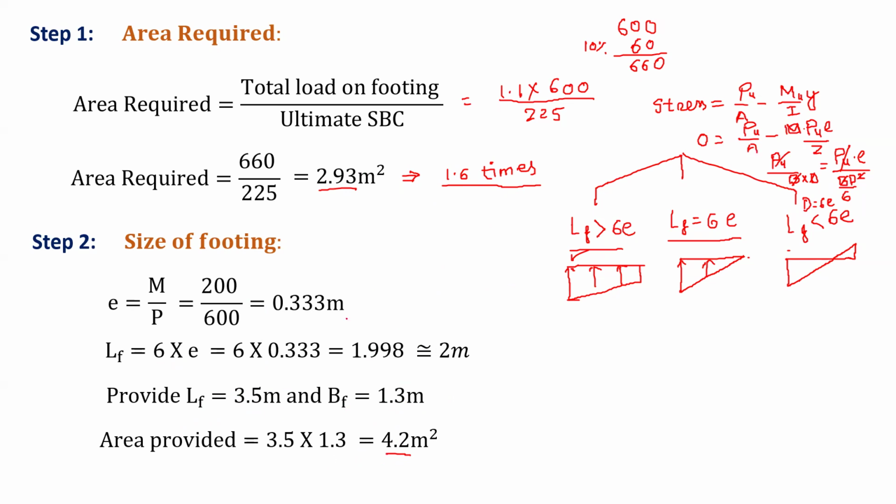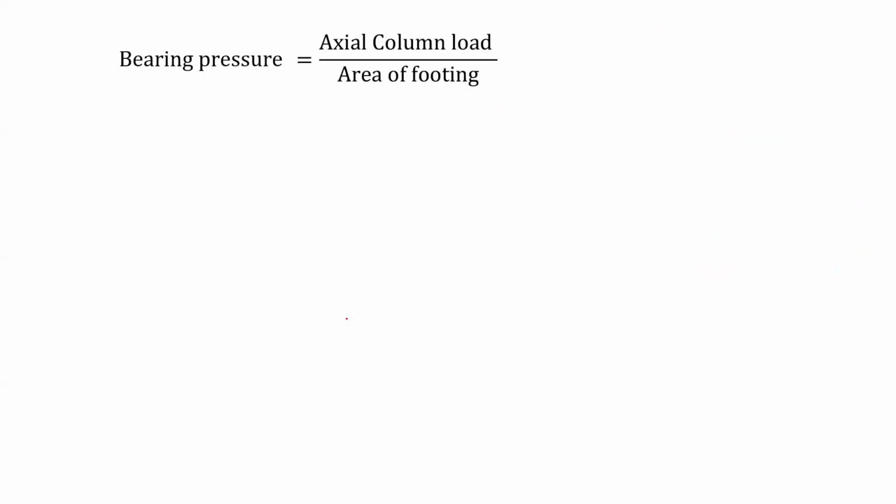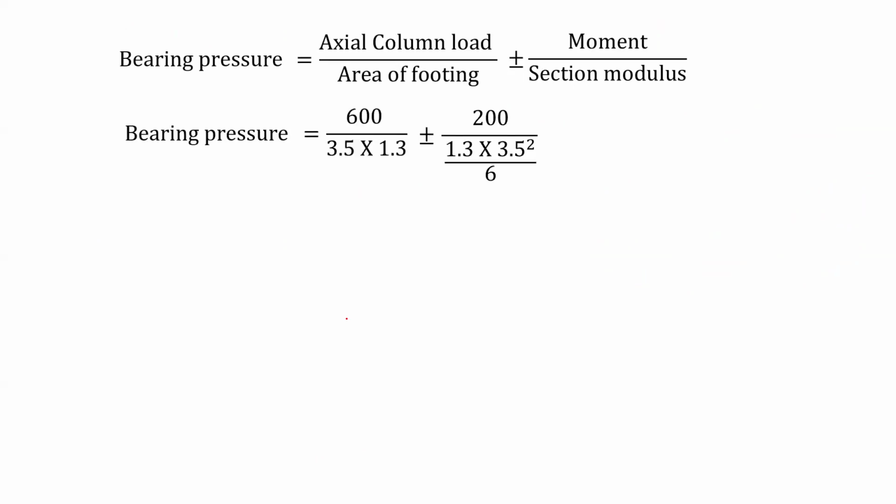Now next we have bearing pressure. We have just seen the formula: P by A plus minus M by Z, where section modulus is Z. I have substituted the values. We have 600, and this is the width of the footing and this is the depth of the footing.